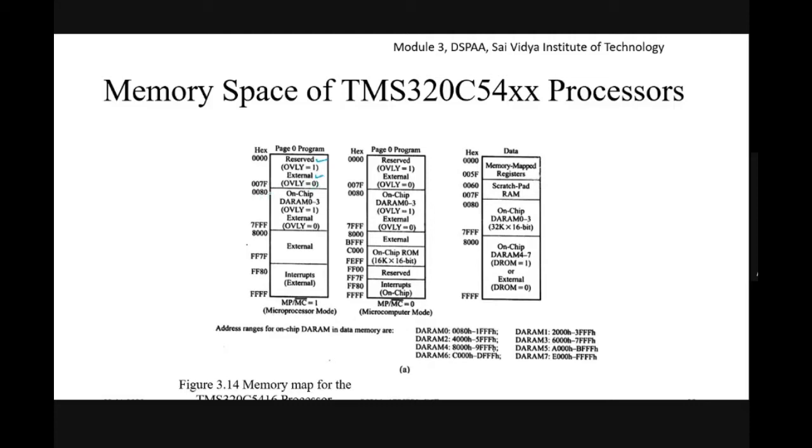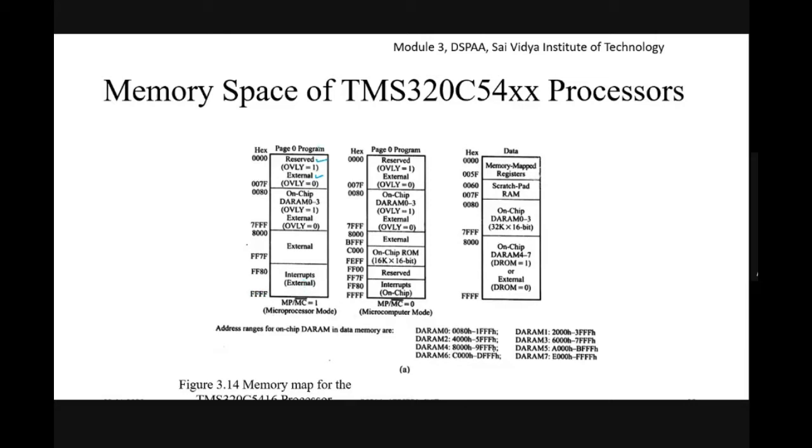From 0080 to 7FFF, based upon the overlay bit, it can act as on-chip dual access RAM; if overlay is 0, it is used for external interfacing. 8000 to FF7F is external again. FF80 to FFFF is interrupts, again external.